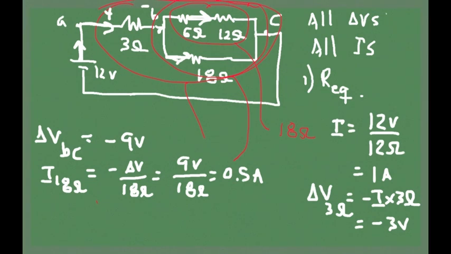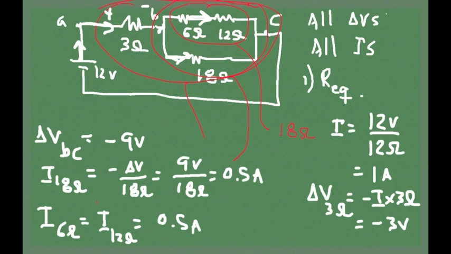So the current flowing through the 6 ohm resistor is equal to the current flowing through the 12 ohm resistor, and that current has to be 0.5 amps, right? Because that current is going to be equal to I, the total current, minus 0.5. And we know that that's 1 amp minus 0.5, which is 0.5. Okay.